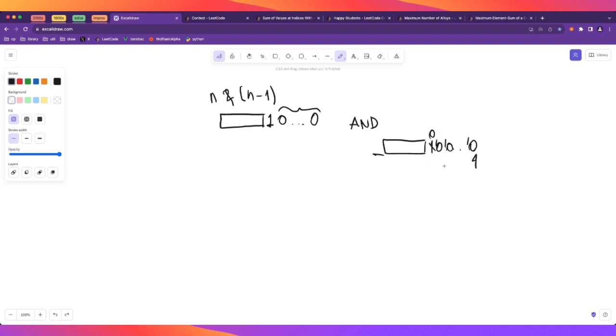And this becomes a 0. So this becomes 0, 1, 1, and 1. Right? So that means that n minus 1 is going to be this.